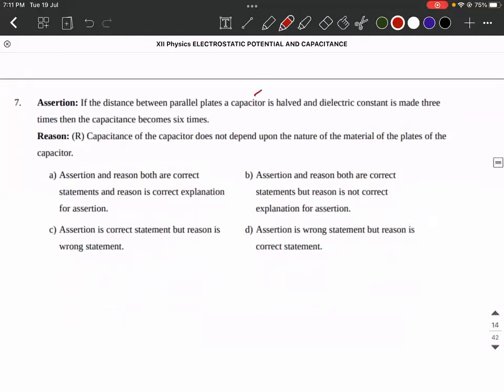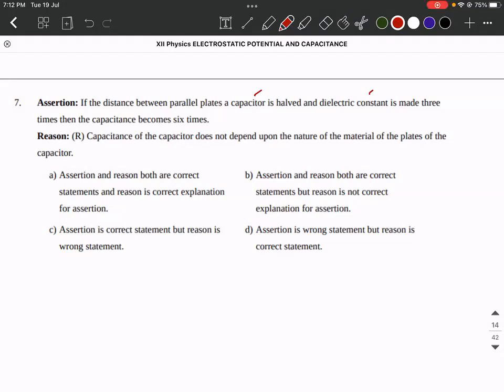If the distance between the plates of a capacitor is halved and the dielectric constant is made 3 times, the capacitance becomes 6 times. See, if the distance is halved, capacitance becomes twice. The factor by which distance decreases, capacitance will increase by the same factor.